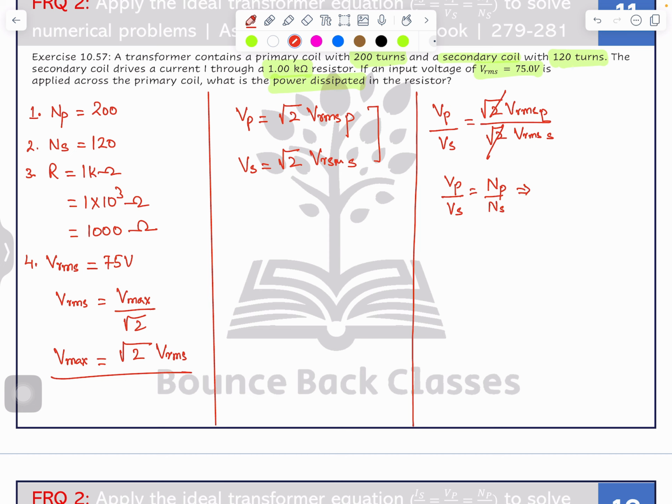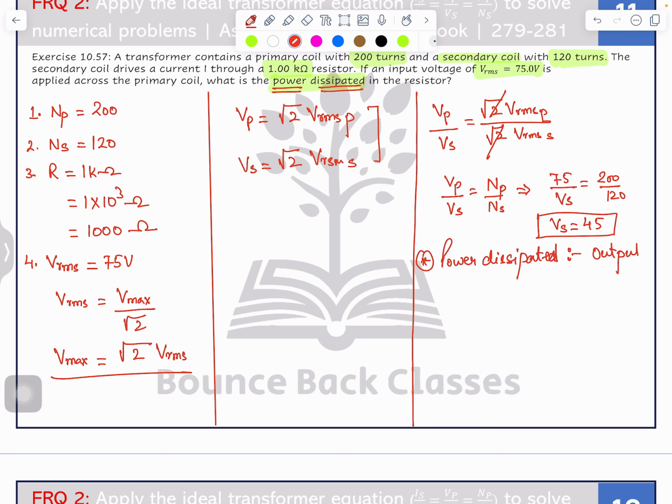Solve the values. Vp is 75 divided by Vs, which is equal to Np, 200, divided by 120. Solve the value of Vs. Vs is 45. Clear? And the second thing we are looking for, power dissipated. I told you the meaning of power dissipated: that is for your output.